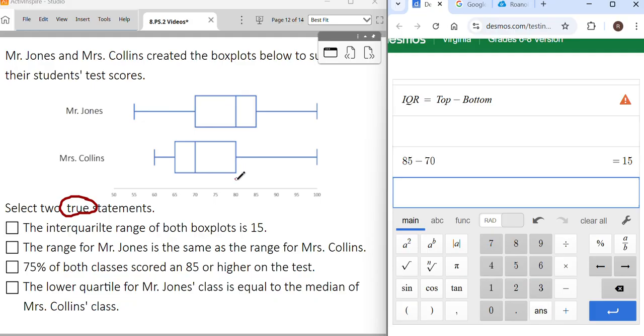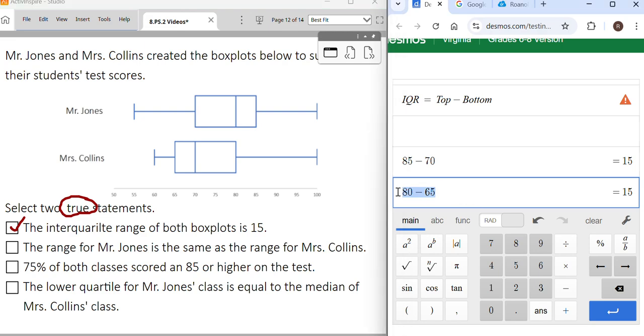Now for Mrs. Collins, the top of the box looks like 80. And the bottom of the box looks like 65. Yes, they are both 15. So, true statement, we're going to put a check in that box.